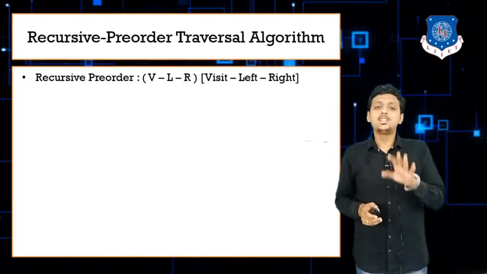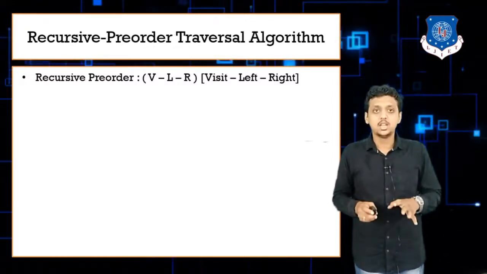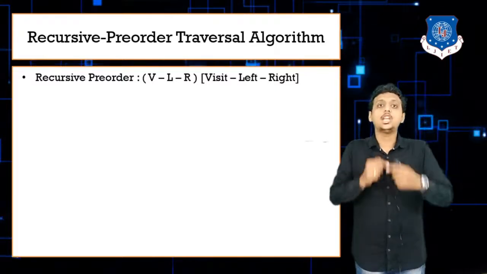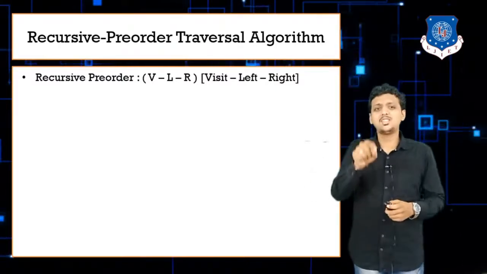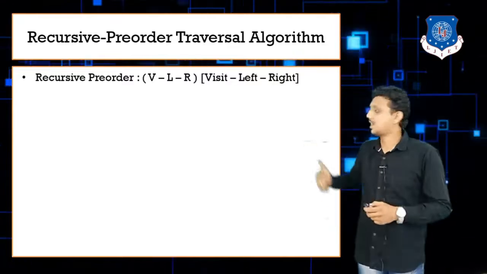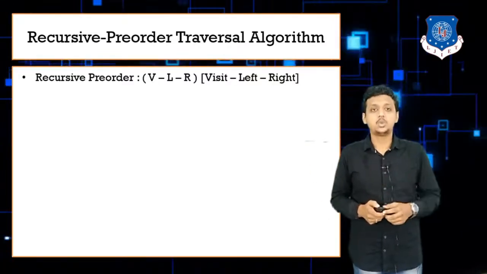Fine. These all algorithms are recursive algorithms. Okay. That means a function calling itself. So here today I'm going to show you how the recursion works for such type of algorithms. Okay, first let's understand the algorithm.